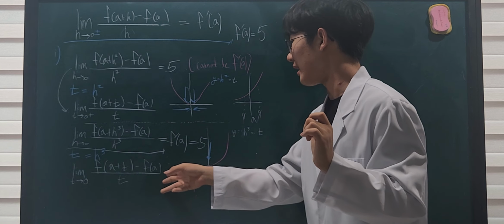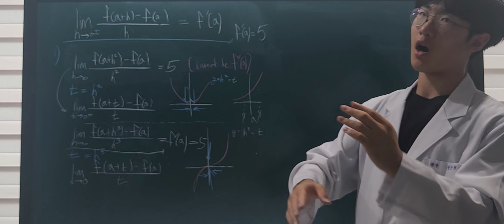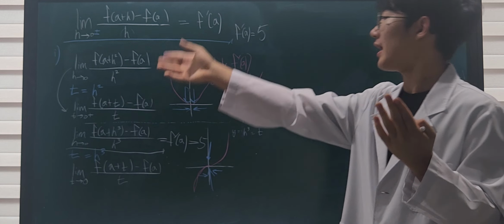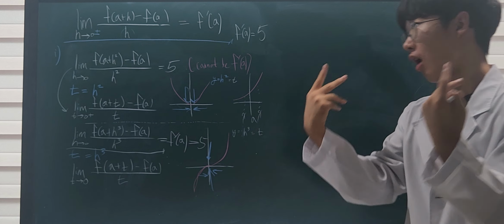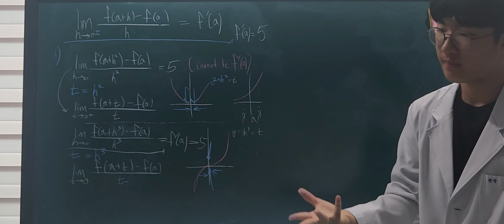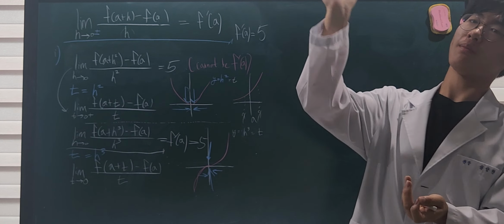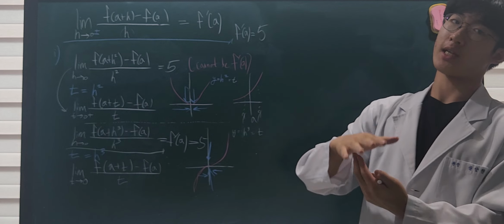However, when h has a power of an odd number, since odd powers can have all ranges, positive and negative, then when h approaches 0 from both sides, h with the infinite odd power can approach 0 from not only the positive side, like the even power, but also from the negative side.